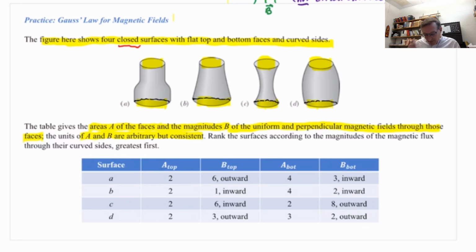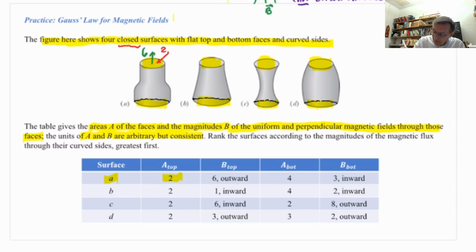Okay? For example, for surface little a, the area of the top face is 2 units. That would be this area right there. And the magnetic field up there is perpendicular and uniform and has a magnitude of 6 units. You can think Tesla if you want, outward like that.